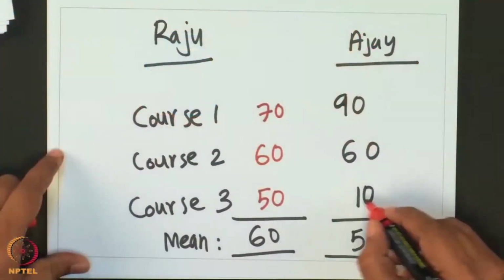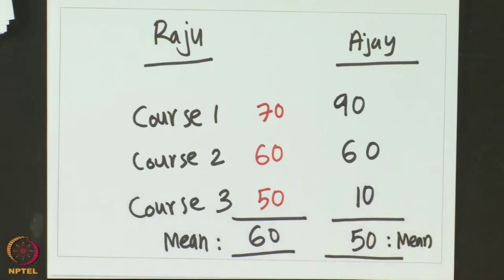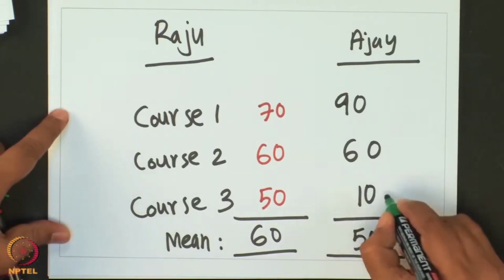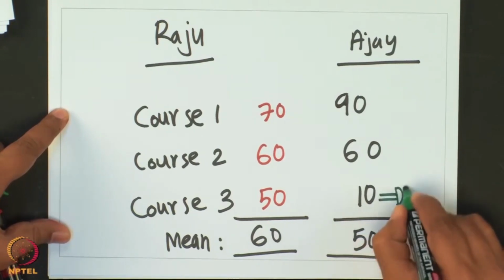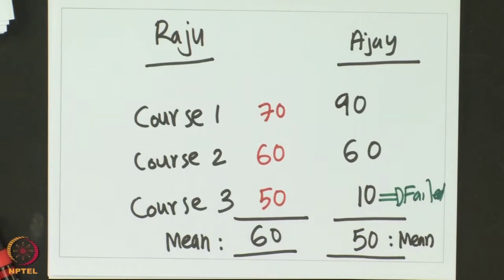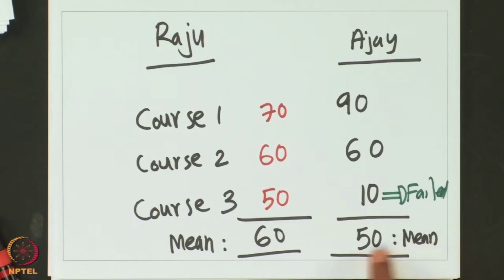But the fact that Ajay has failed in this third course, so in course number 3, Ajay got only 10 out of 100. That means in this course Ajay has failed. But this does not get conveyed in this quantity called mean.